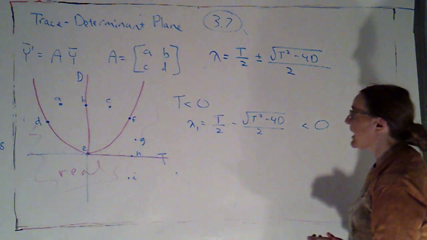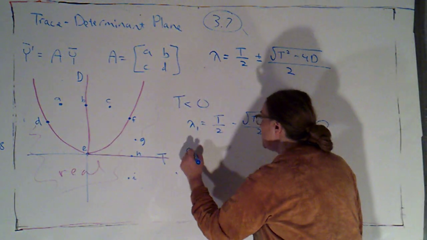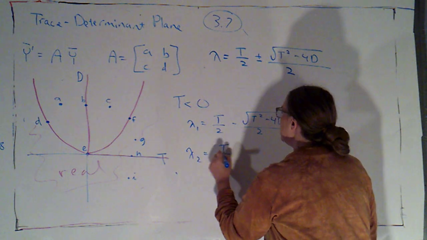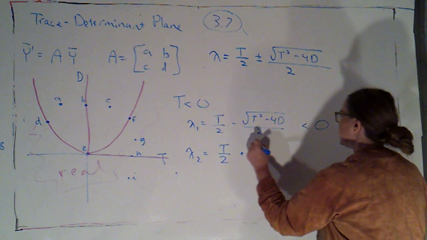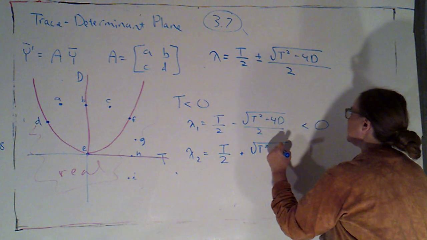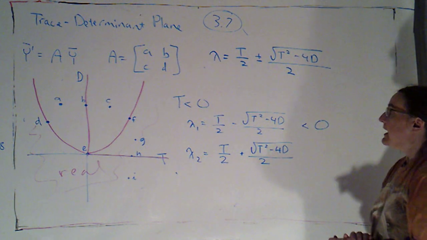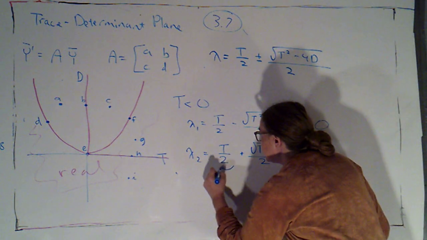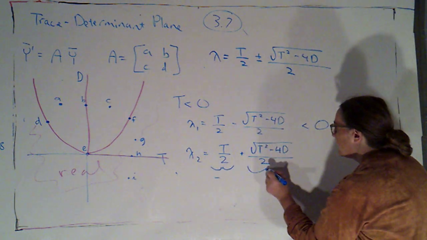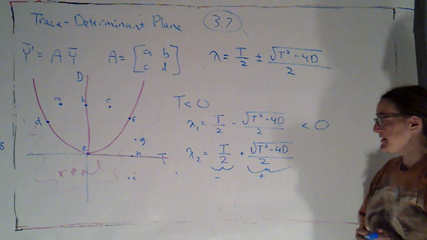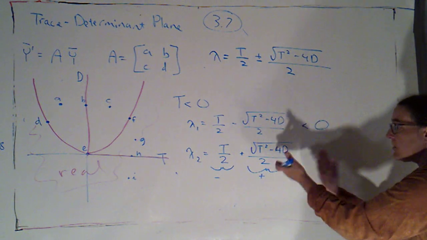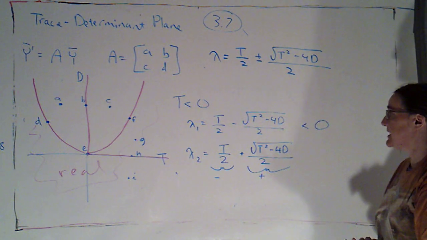And what I want to look at is what lambda 2 is, where lambda 2 would be T over 2 plus root T squared minus 4D over 2. Now, I know that this is a negative number and this is a positive number, so the resulting sign is going to depend on which piece is bigger.